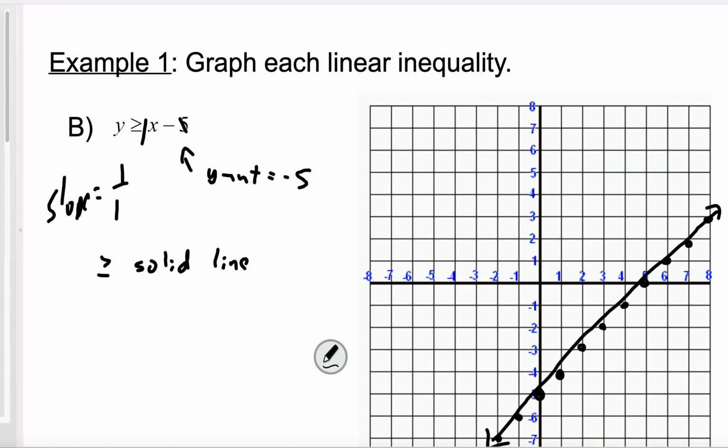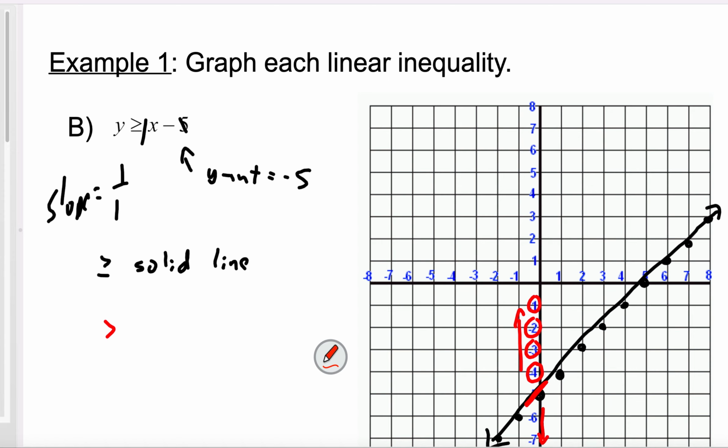All right, so how do we shade this in? It is a greater than symbol there. So this solid line just split the graph into two portions. You've got the numbers here, -4, -3, -2, -1. Those are getting larger as we're going up. These ones on this side are getting smaller.